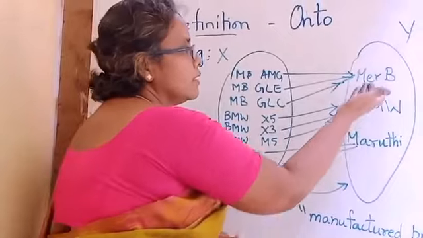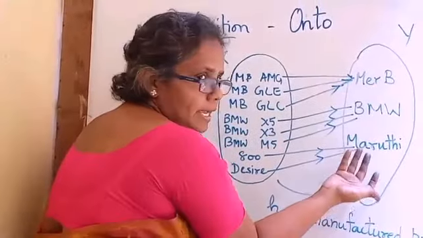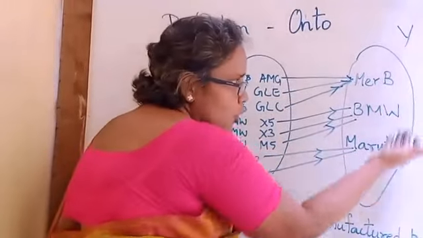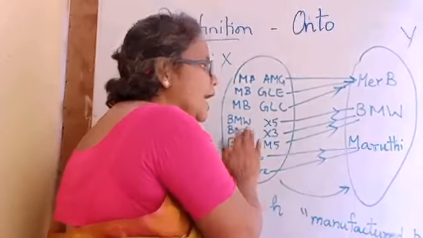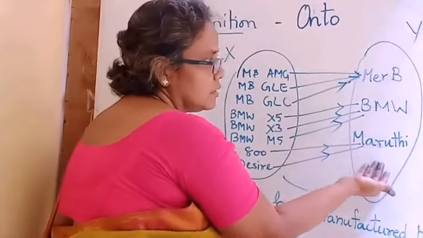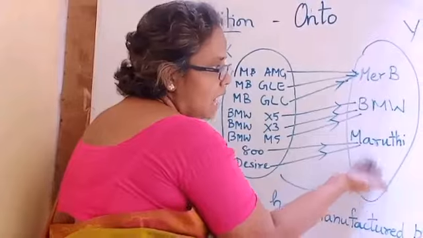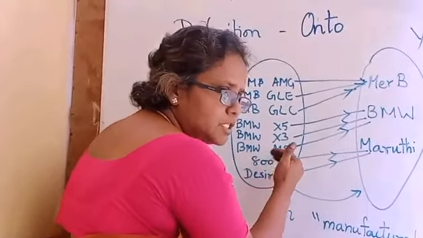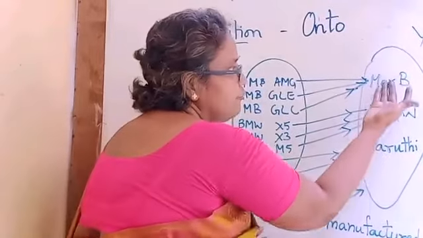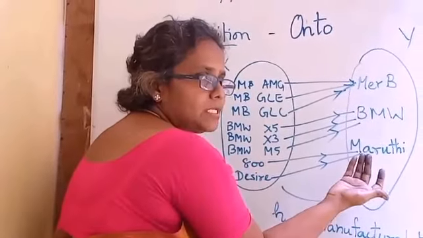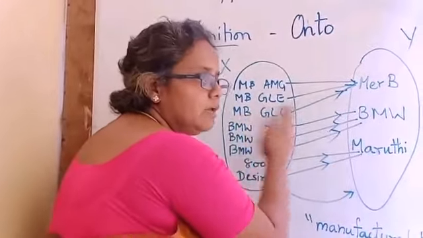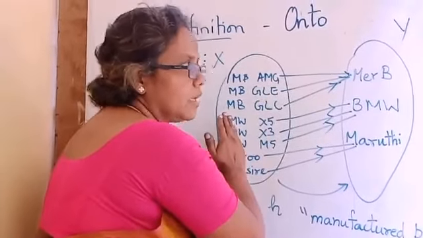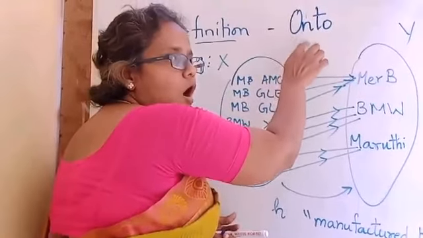In another way, there are no elements in the codomain that do not have a pre-image. Just look at this example. Are there any elements being left out in the codomain without a pre-image? No, nothing of that sort. Every element in the codomain has a pre-image. It has gone under the mapping, and that's why it is called an onto function.